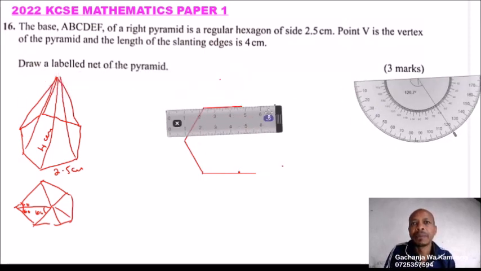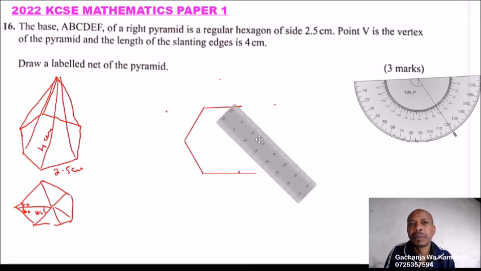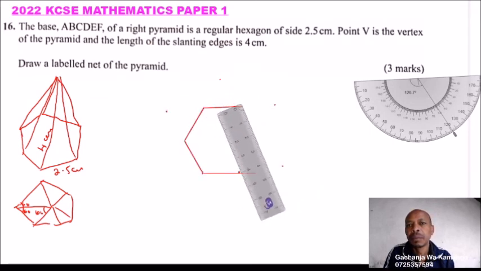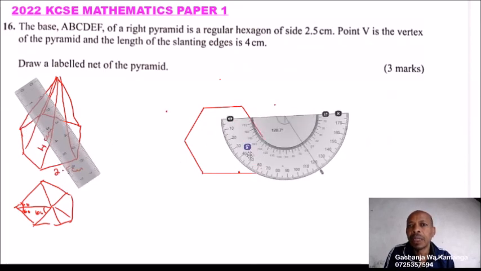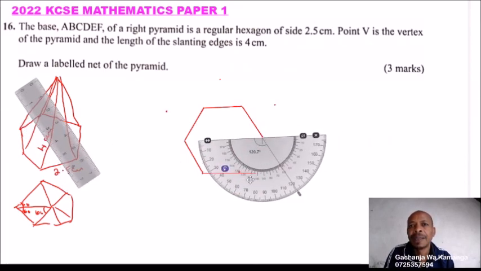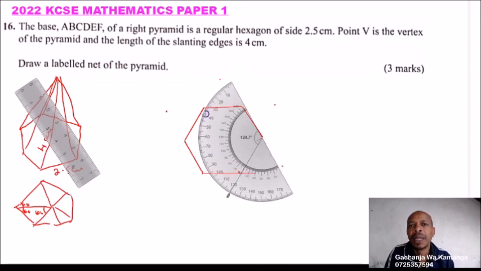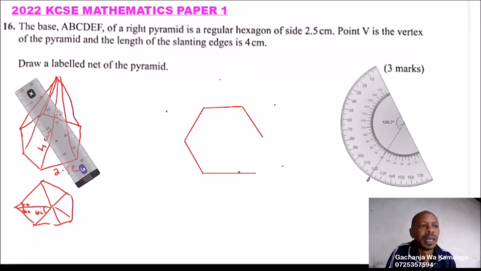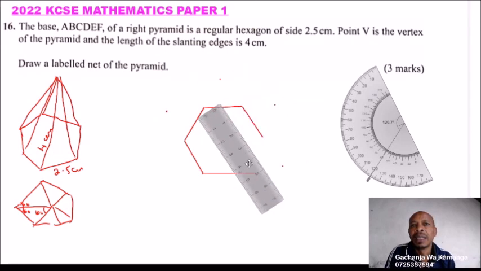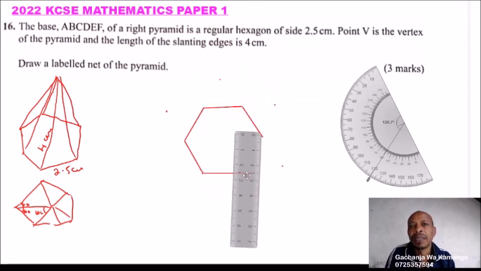Take our ruler, again we draw a line of 2.5. We take our protractor again, and this is the last one. So actually we can just join the line there, and we will be able to get our hexagon.